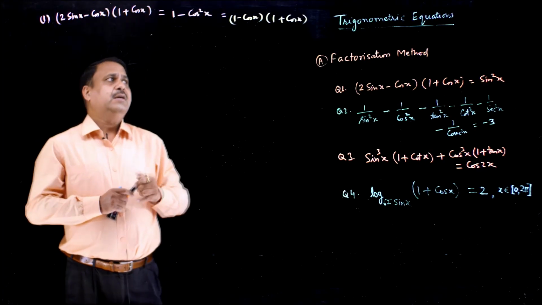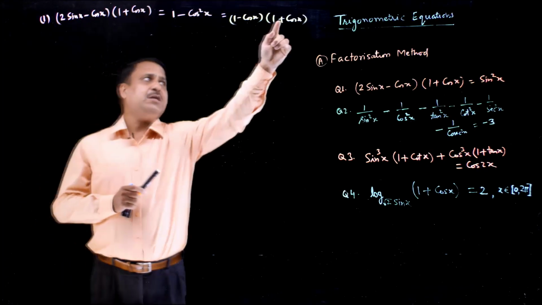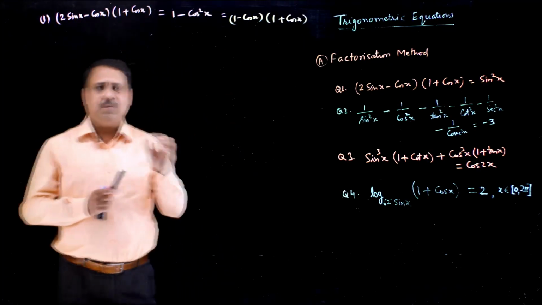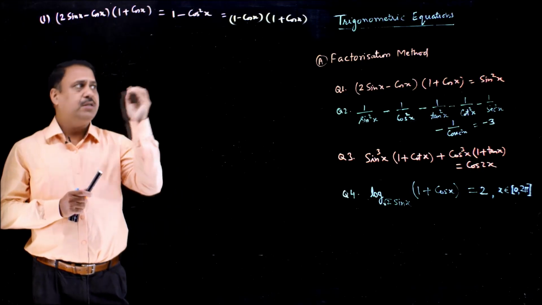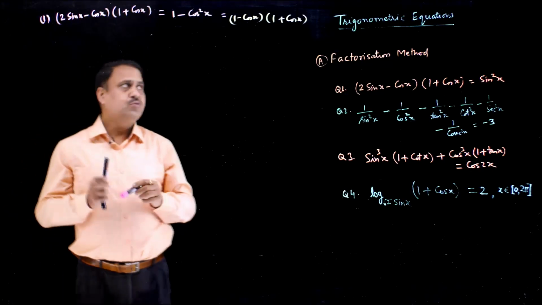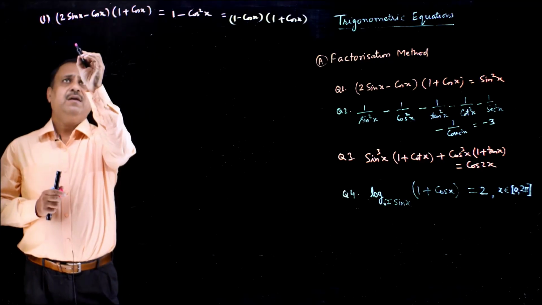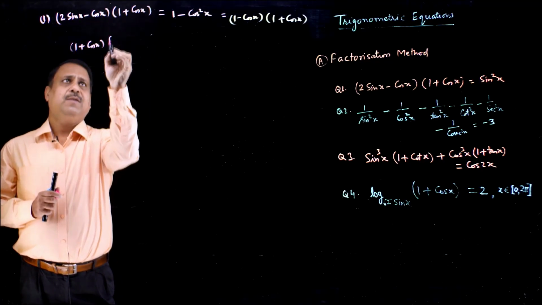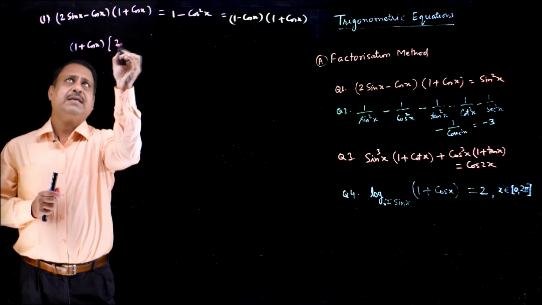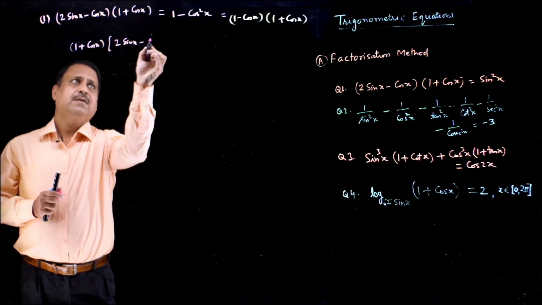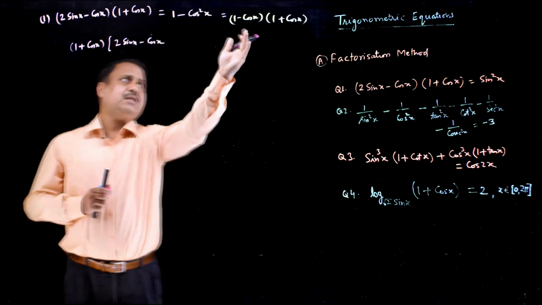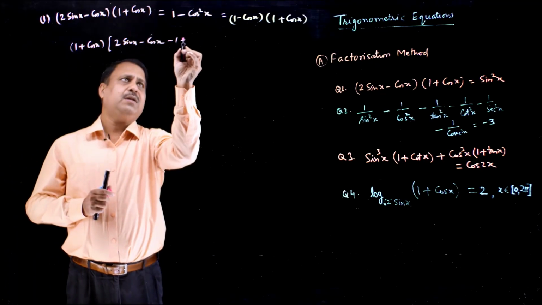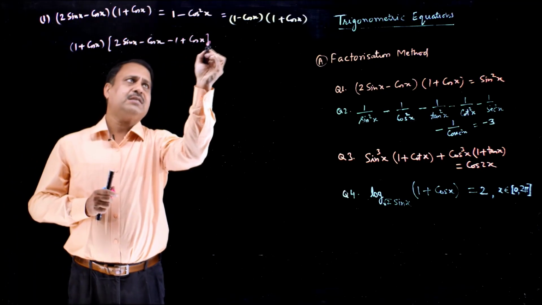Now important thing, don't cancel this 1 plus cos x, this 1 plus cos x. This is because this is one of the roots. This can be taken outside. So we can write in this form, if I take 1 plus cos x outside, what is left from here? 2 sin x minus cos x, and this term will come this side, minus 1 minus cos x into 1 plus cos x is equal to 0.